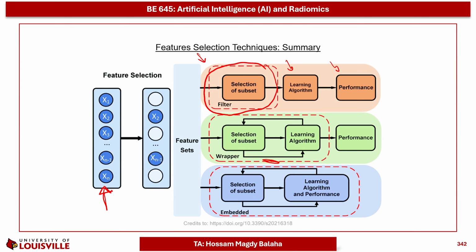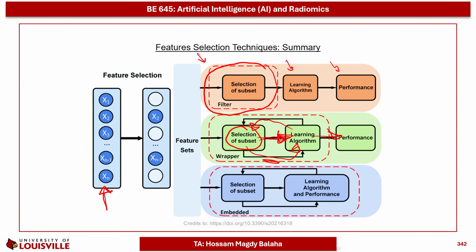Simply, we are getting a subset, applying it to the machine learning model, then iteratively getting the performance back to the model, then adding or removing according to the technique, then rerunning the algorithm and checking the performance, and it will do that until it reaches a suitable stopping criteria. After that, it will train the final model and get the performance.